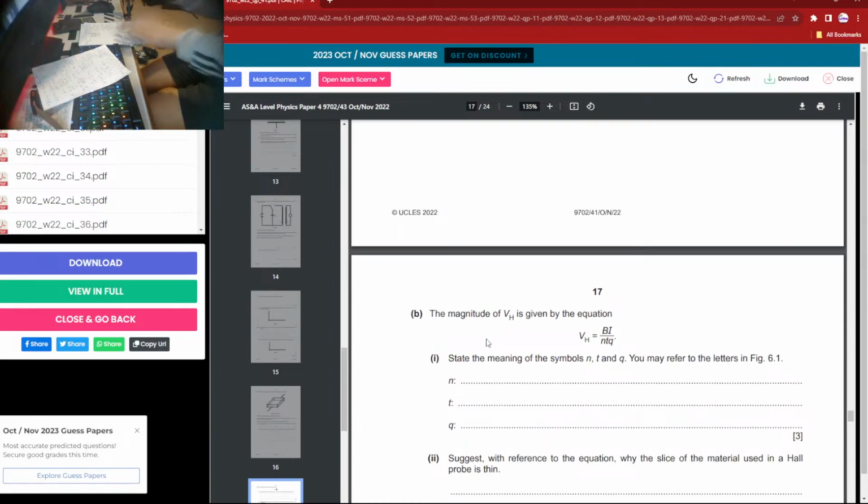So B. N will be equal to the number density.